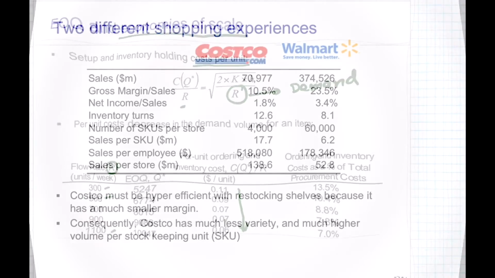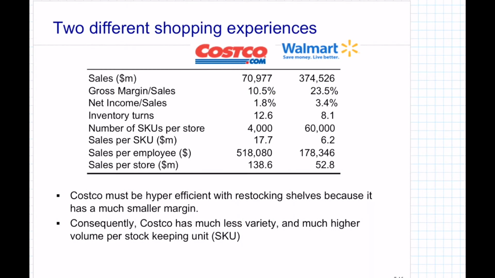So this slide gives a comparison of two companies, Costco and Walmart, like how they manage their inventories and try to be more efficient. If you look at Costco, they have a gross margin of 10.5%, which is much smaller compared to Walmart, which has 23.5%.